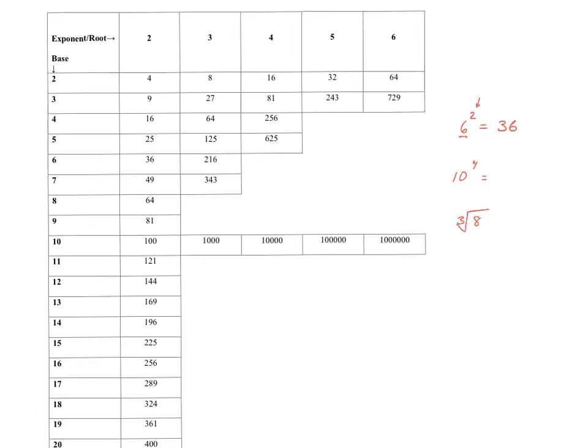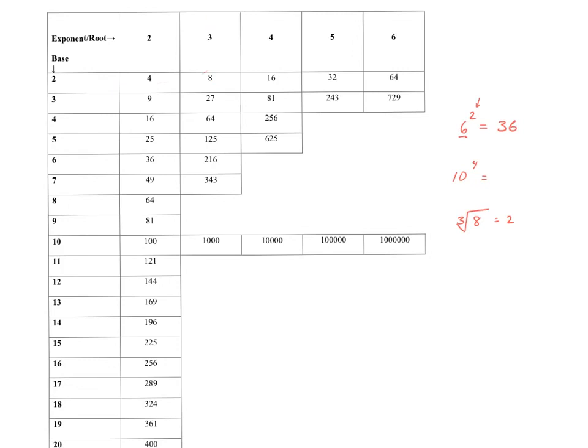Instead of starting in my base column, I'm actually going to start out in the third root column, so that would be here. And what I do is I move down the column until I find the radicand, until I find the 8. Okay, that is there. I move over to the base column, and I find out that the third root of 8 is equal to 2.